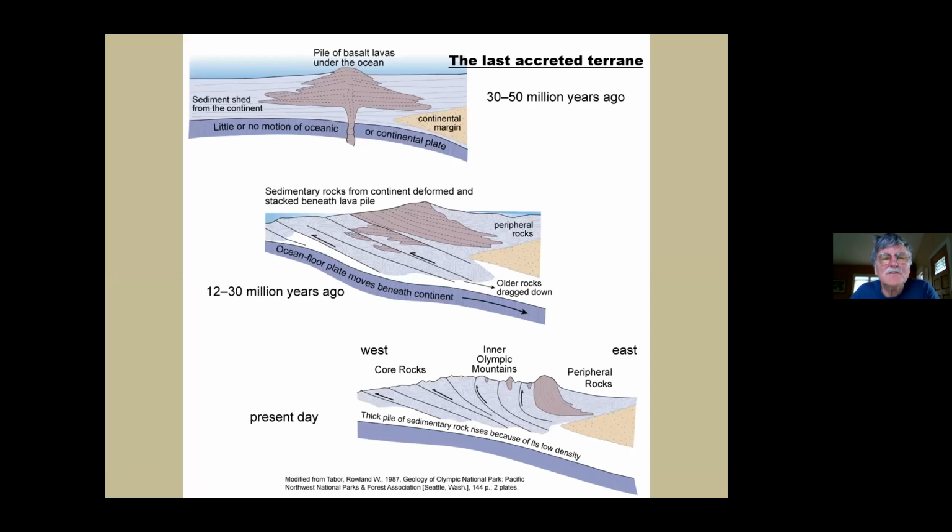So how did the Olympics form? Well, just after the dinosaurs disappeared, the ocean plate stopped moving. And then down in the Oregon area, we had a huge amount of basalt flooding out into the ocean, okay? And then the ocean plate decided to move again.